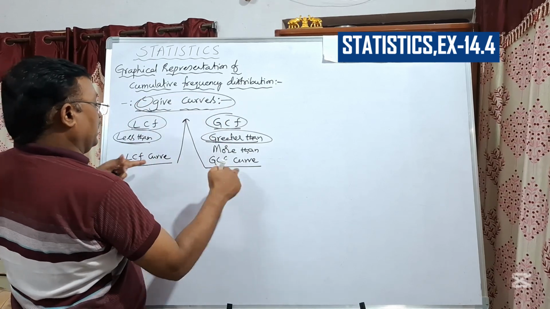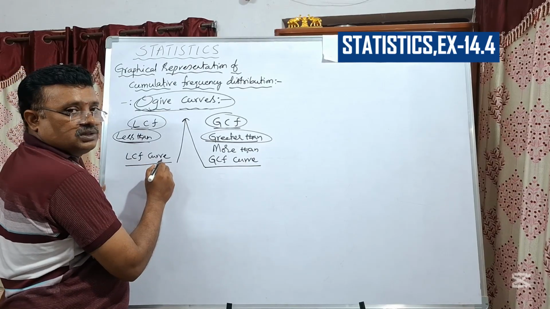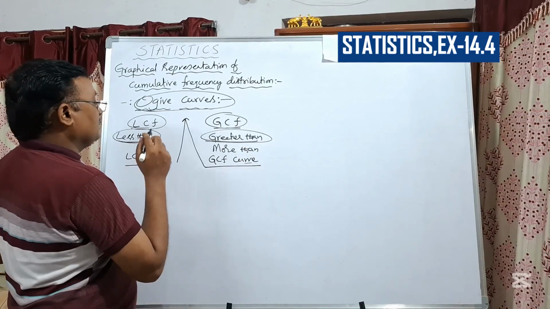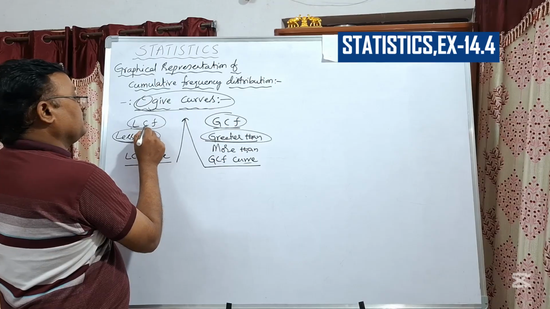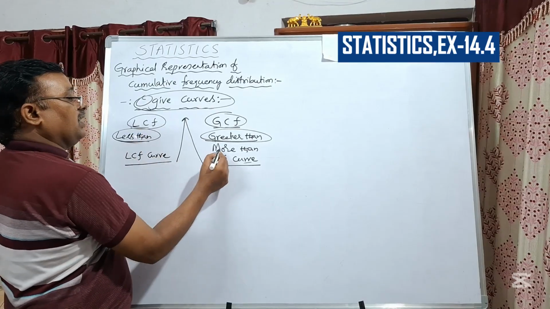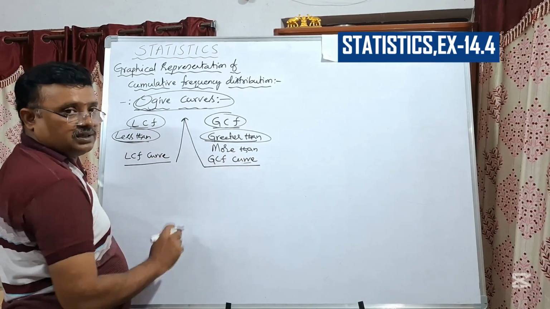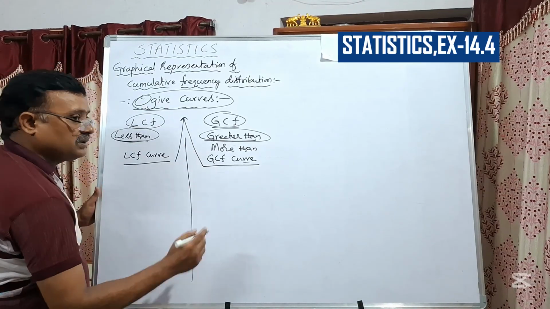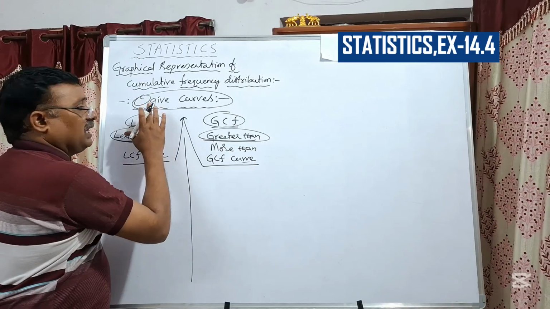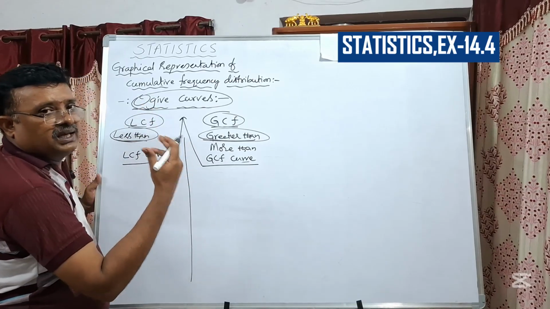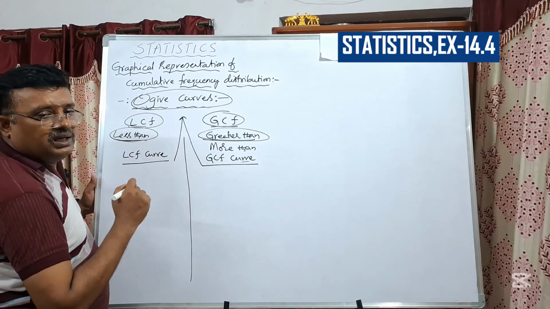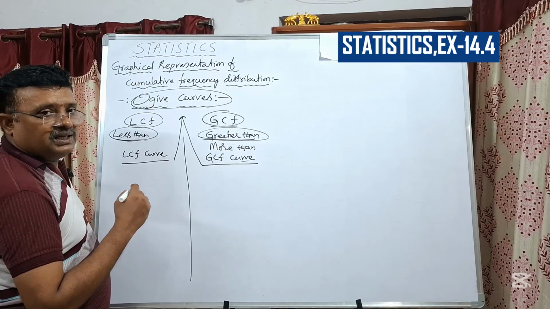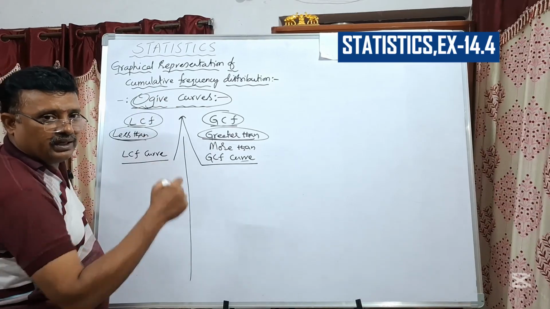Ogive curves are two types: LCF ogive curve or GCF ogive curve. That means less than type cumulative frequency curve or more than type cumulative frequency curve. Clear? Right, two types. How to draw them? Simple thing. While we represent anything in a graph, we need to represent according to the x-axis and y-axis.